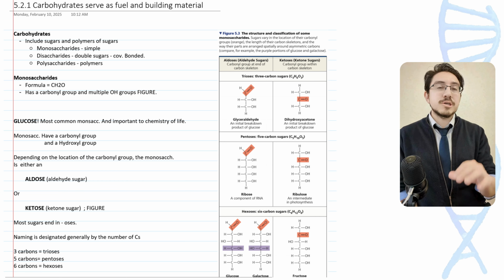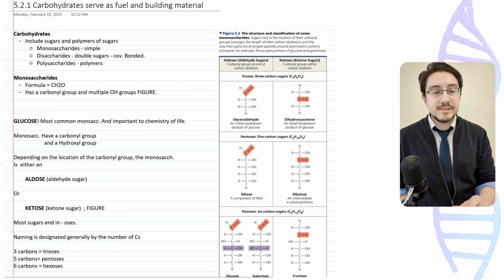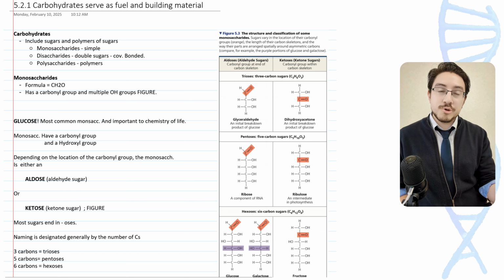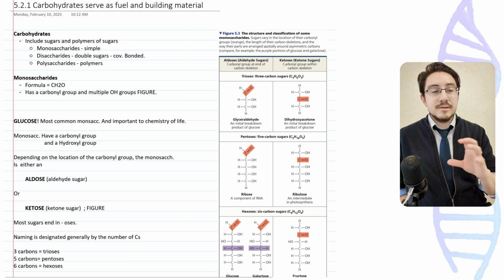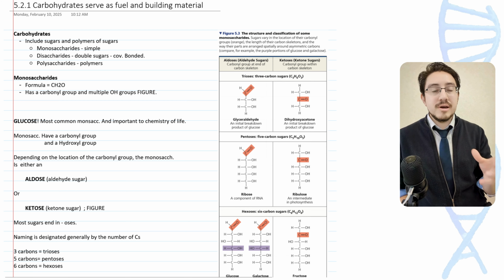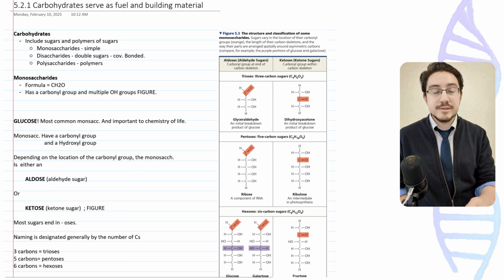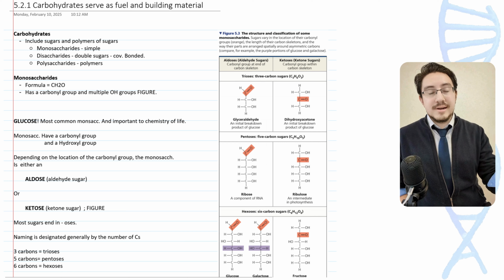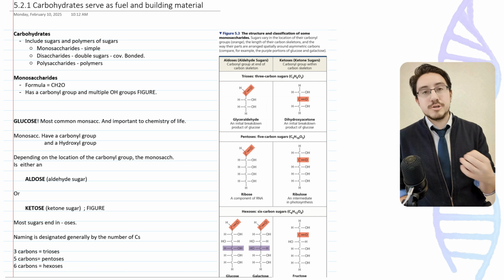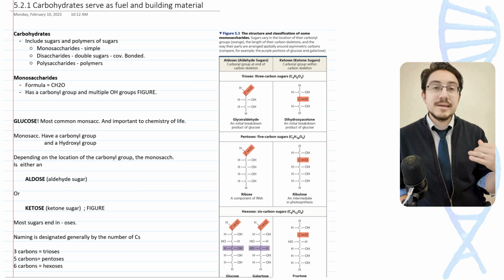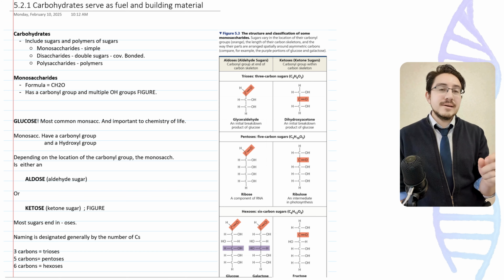So the most common monosaccharide is glucose, and it's an important molecule for the chemistry of life. Again, you have this carbonyl group and hydroxyl groups for monosaccharides. Depending on the location, you can have an aldehyde sugar, referred to as an aldose, or a ketone sugar referred to as a ketose. Most sugar names end in -ose.